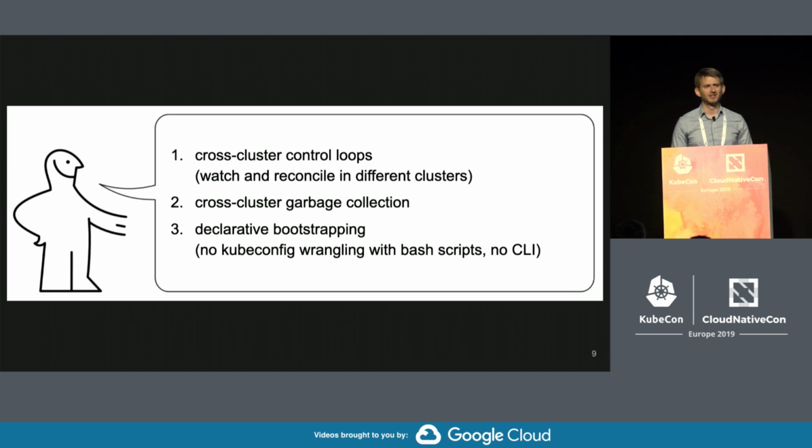And finally, if you've tried a few multi-cluster solutions out there, it's usually pretty difficult to set up. You need to generate kube configs and store them in secrets, load them, or there's a custom CLI that you have to use and run an imperative command. And so it'd be nice if there was declarative bootstrapping for those things.